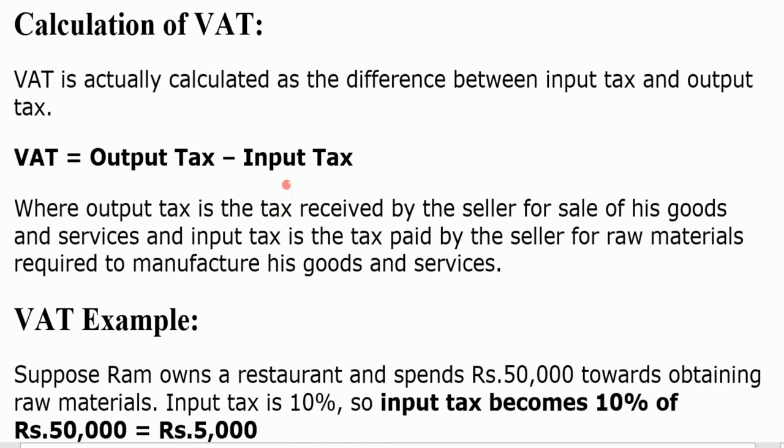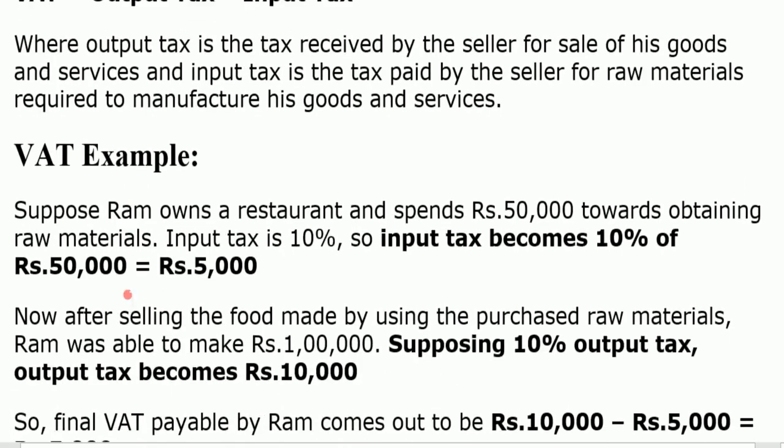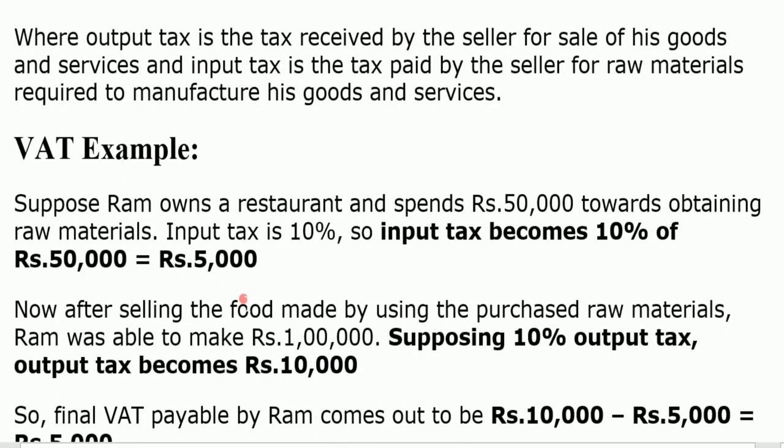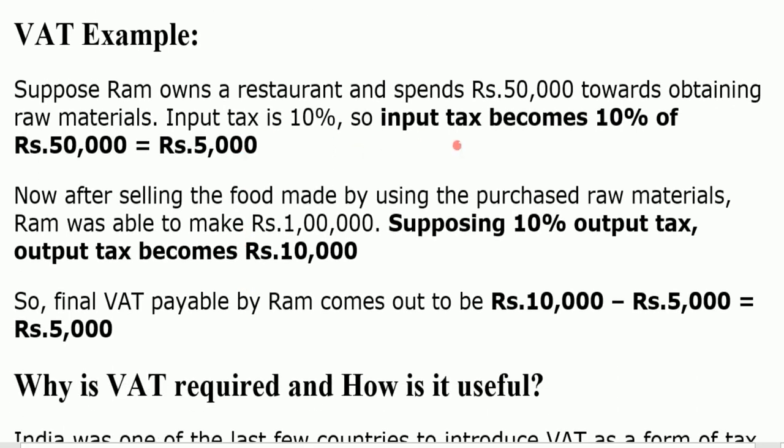Okay, so at the time of purchase, the tax we pay, we will call it input tax, and at the time of sales, the tax we collect, we will call it output VAT.